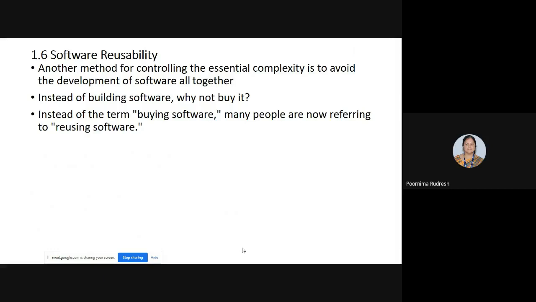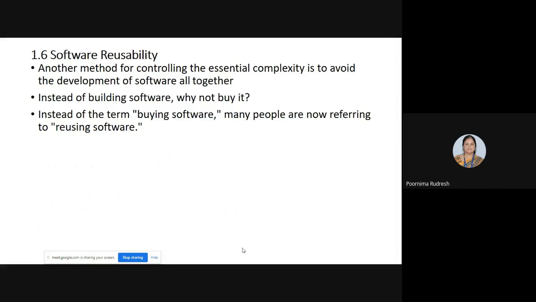If that is the case, then instead of developing the spreadsheet, PowerPoint or MS Word applications, the developers are going to buy them rather than developing their own software. Understood? That is the case.